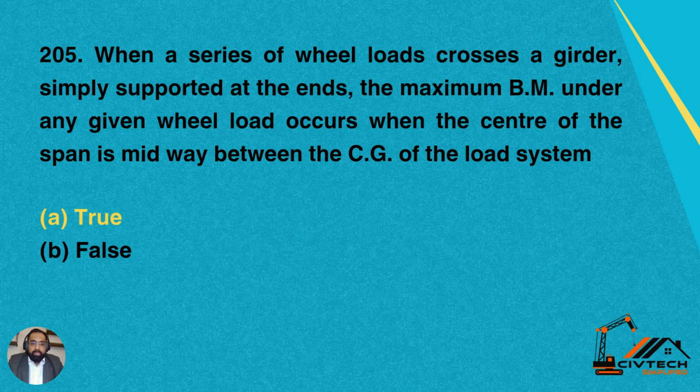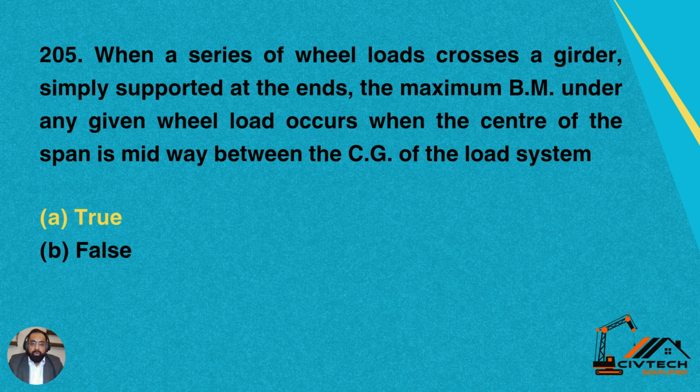Question 205. When a series of V loads crosses a girder and that girder is simply supported at the ends, the maximum bending moment under any given load condition occurs when the center of span is midway between the center of gravity of the load system. Is it true or false? Yes, it is true. We already discussed such a question previously.